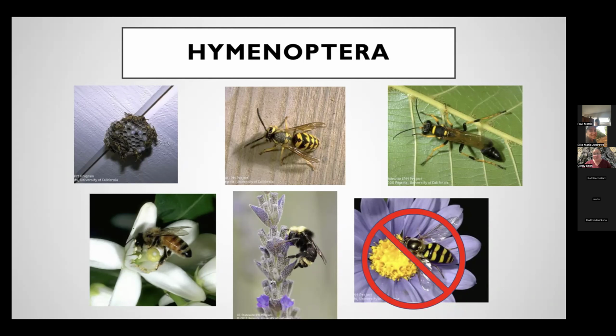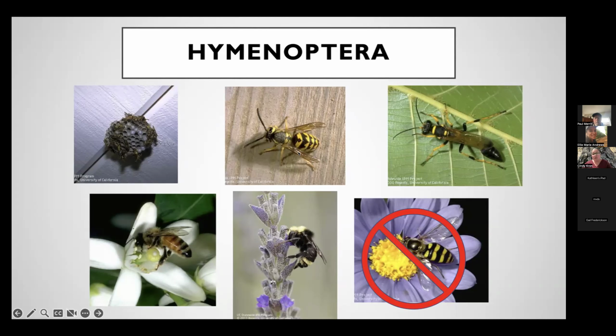So you can see that this syrphid fly looks a lot like this wasp up here, but they're not the same. The syrphid fly does not have chewing mouthparts where the wasp does. The syrphid fly is not able to sting you where the wasp is.